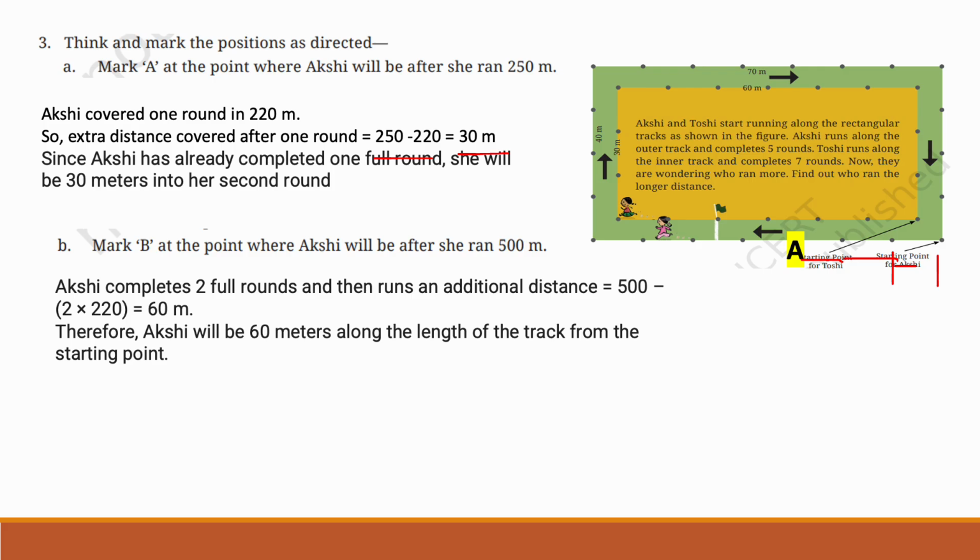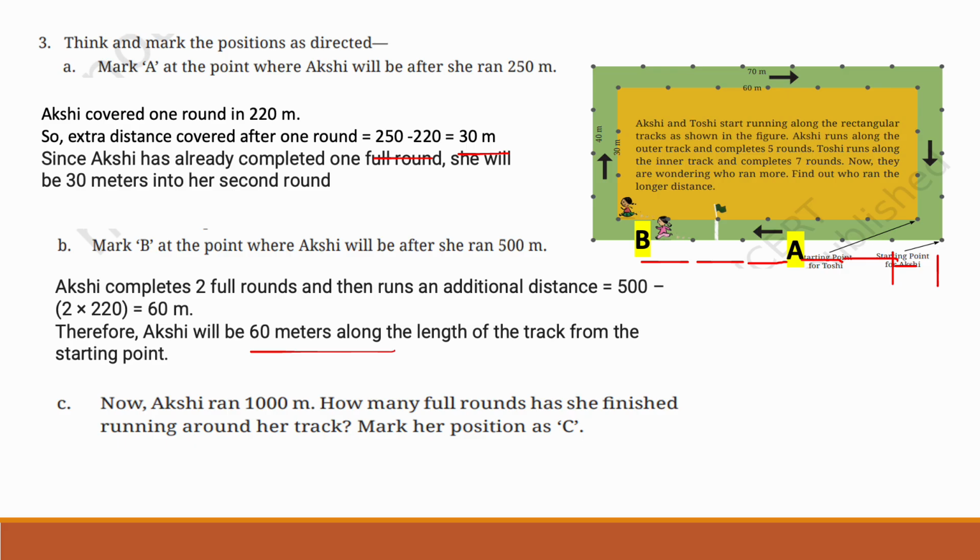So 500 minus 2 into 220, that is 60 meter. Therefore, Akshi will be 60 meters along the length of the track from the starting point. So up to A it is 30 meter. So 40, then 50, 60. So B we have to mark here.